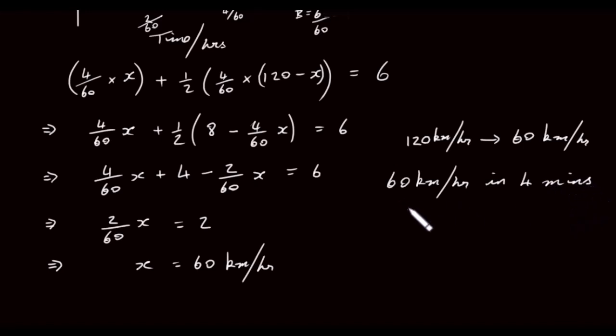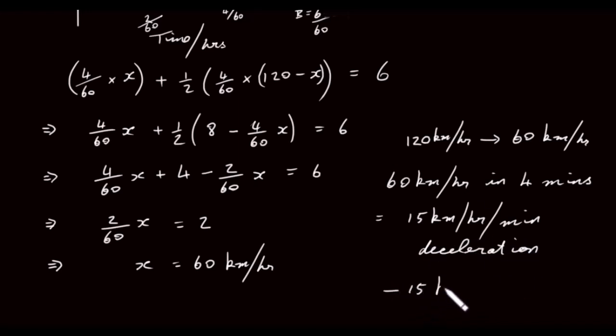So he reduces his speed by 60 kilometers per hour in 4 minutes, which is equal to 60 divided by 4, which is 15 kilometers per hour per minute deceleration. So you can write it like that, or minus 15 kilometers per hour per minute. So either way is fine.